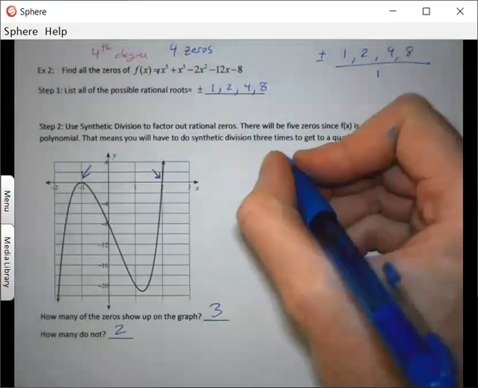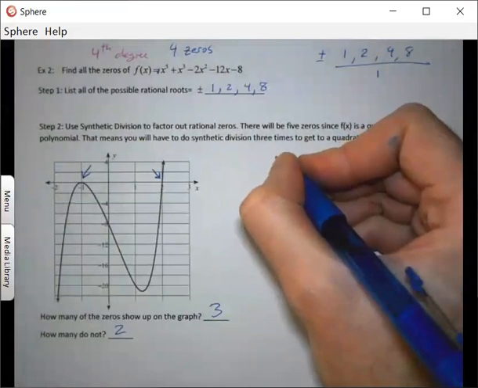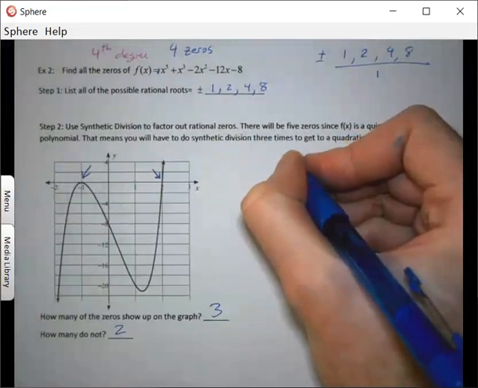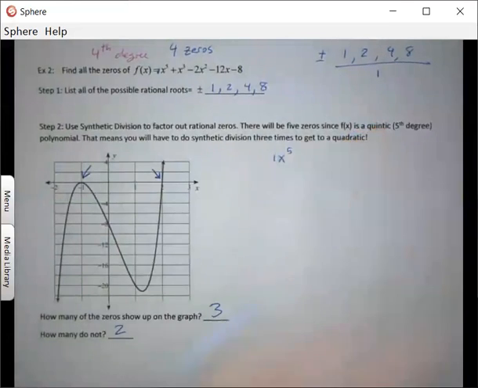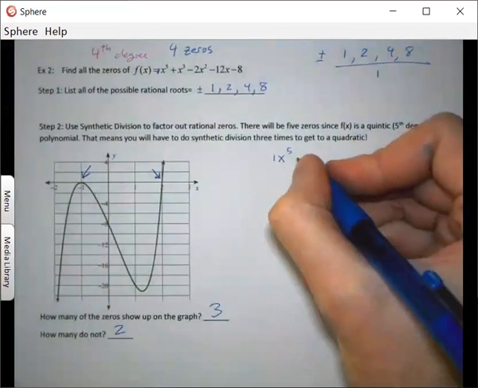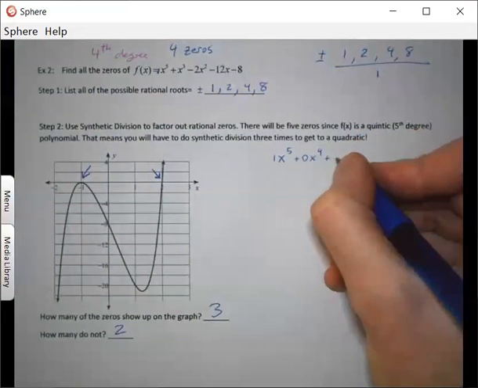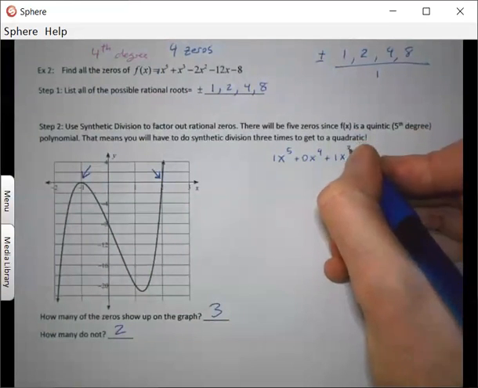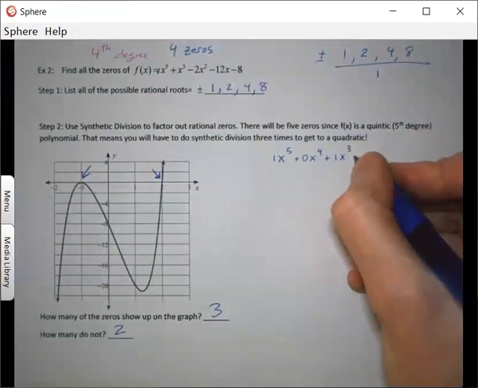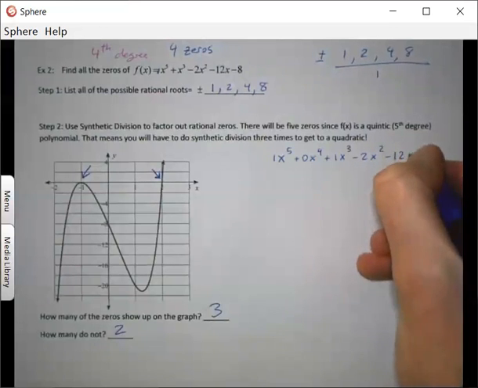So just to write out the function so we can see if we're missing anything: 1 x to the 5th. We don't have an x to the 4th, so we say that's 0 x to the 4th. Plus 1 x cubed minus 2x squared minus 12x minus 2.